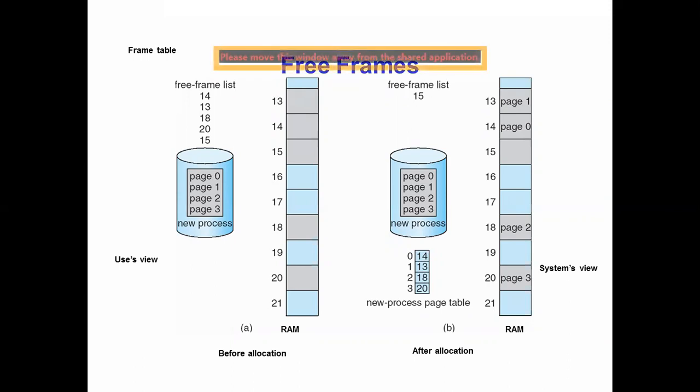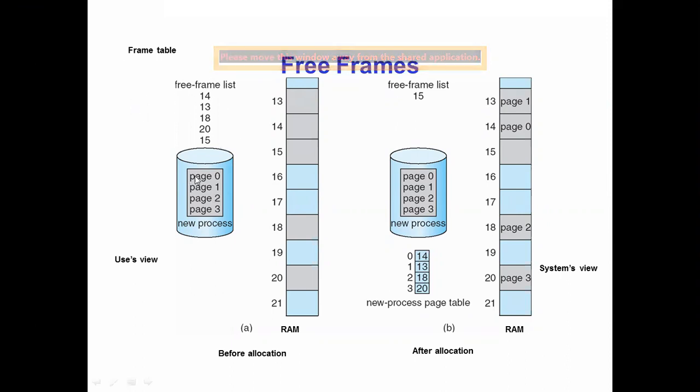Okay, because the CPU will generate the logical address, and after using the RAM, it will require what type of address? Physical address. Okay, so there will be the frame table here, the free frame list.